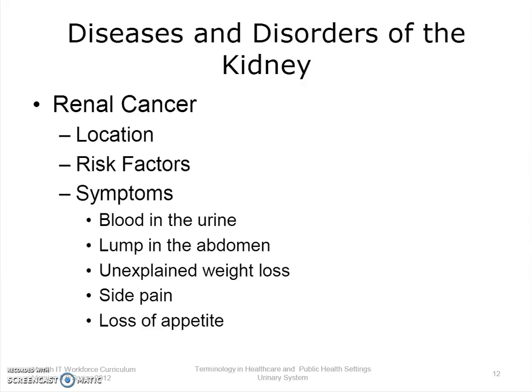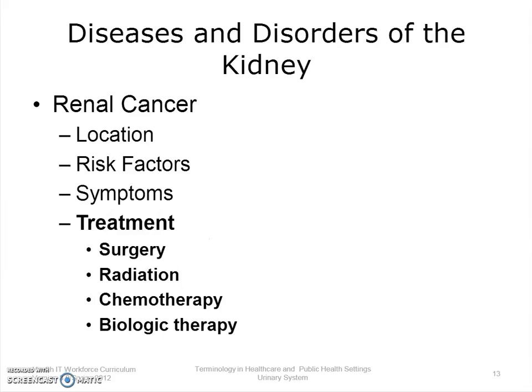Symptoms include blood in the urine, a lump in the abdomen, unexplained weight loss, pain in the side, and loss of appetite. Treatment depends on the age and overall health of the patient and how advanced the cancer is. Treatment options include surgery, radiation, chemotherapy, or biological therapy.